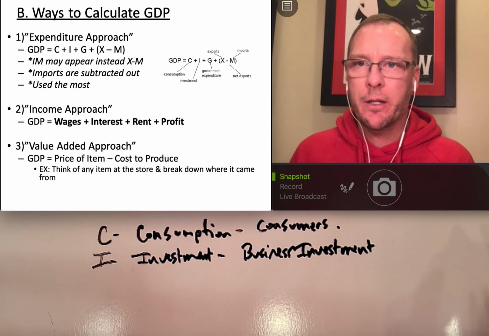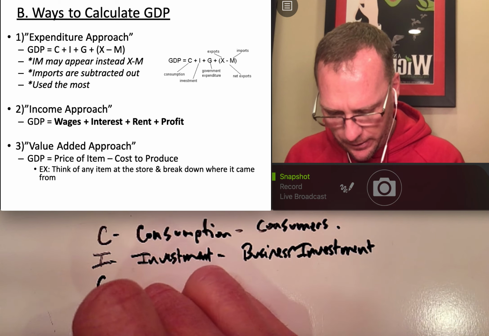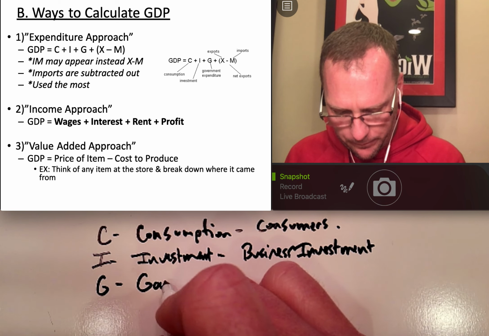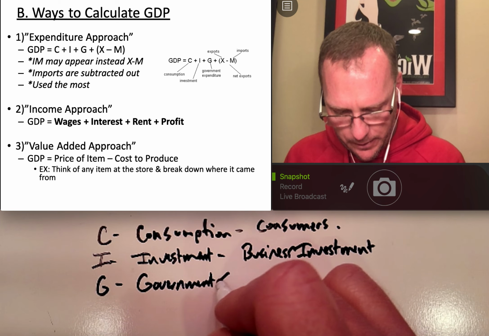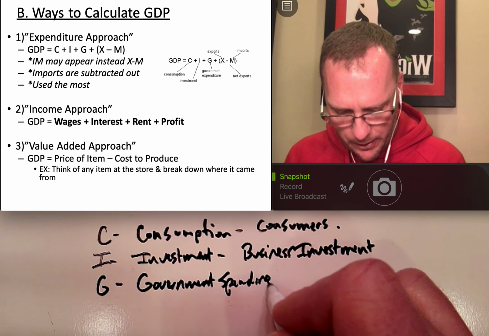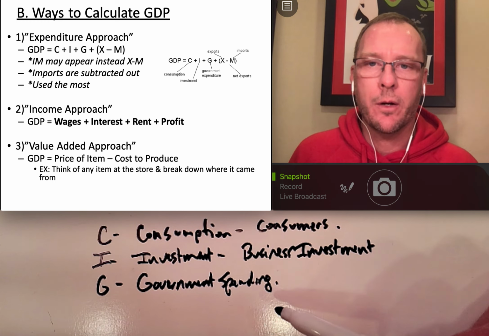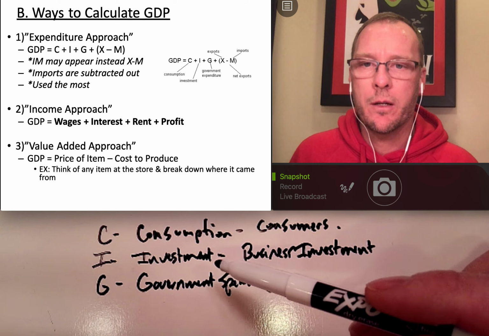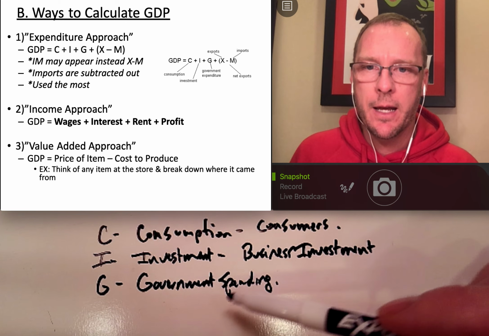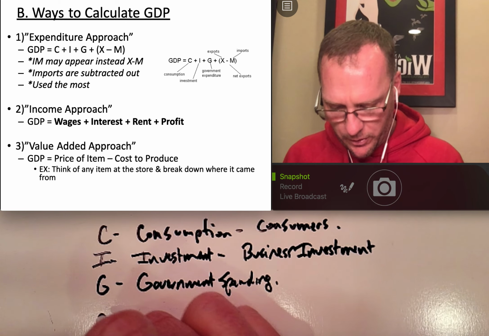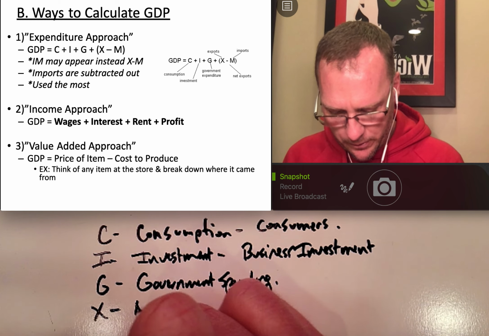And the last portion is G, and that is going to be government spending. So when the government decides to buy up some goods and services in an economy, that's where it comes in play. So you have consumption, investment from businesses, and government spending, and then of course your net exports, right?